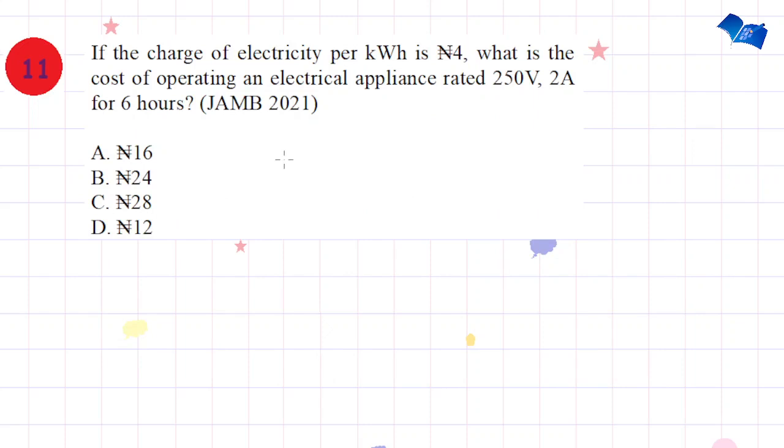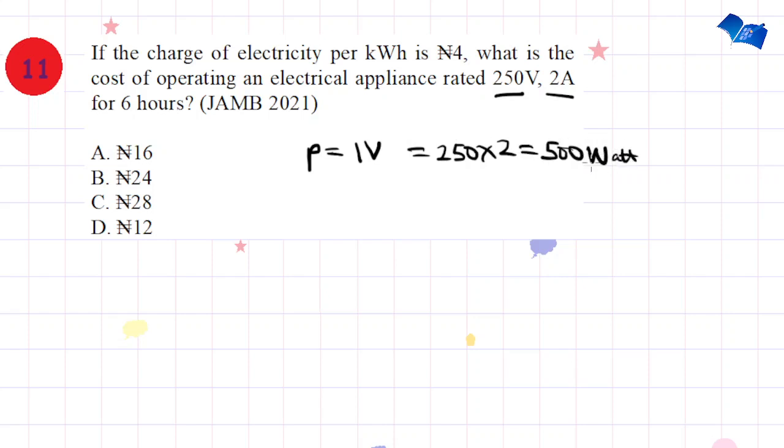If the charge of electricity per kilowatt hour is 4 naira, what is the cost of operating an electrical appliance rated 250 volts, 2 ampere for 6 hours? This is taken from JAMB question 2021. Remember that power is equal to the current multiplied by the voltage. We are given 250 volts and 2 ampere, which is the current. So the power is 250 multiplied by 2, which gives us 500 watts.